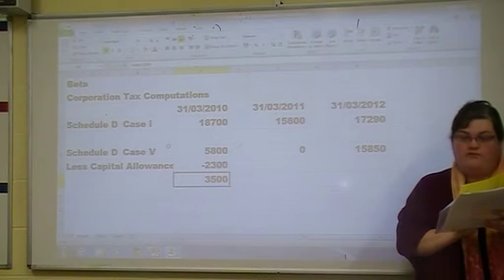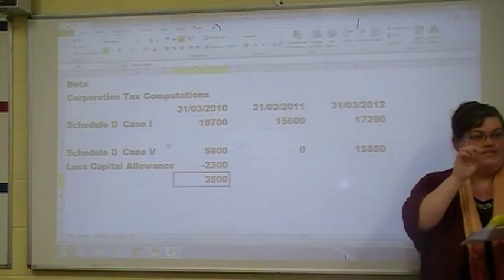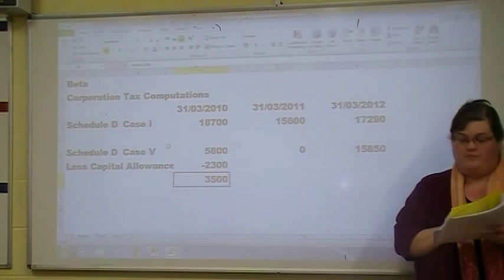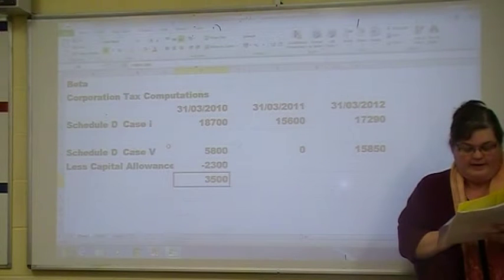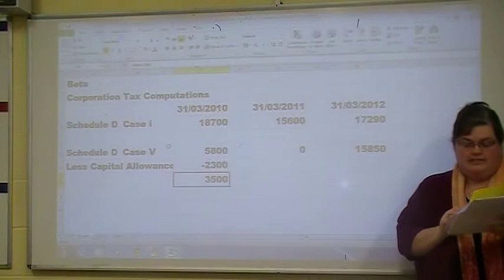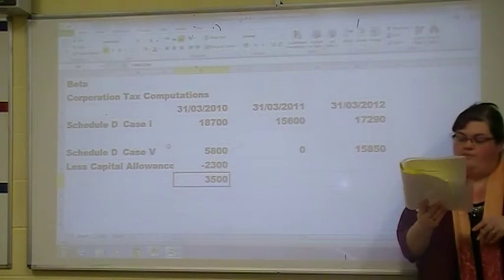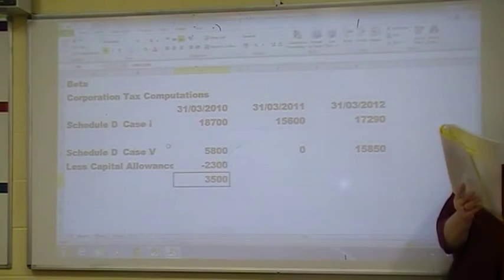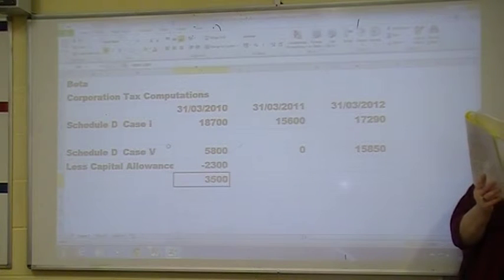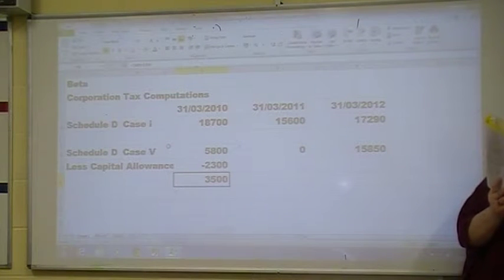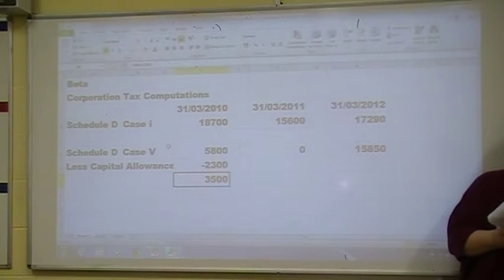That 10,400 case 5 loss is ring fenced, you can only put it against case 5, but case 5 capital allowances can be set against total profits. If you look over on page 4 again: set against total profits of the same accounting period, set against total profits for the immediately preceding period of the same length, and carry forward against future case 5 income.